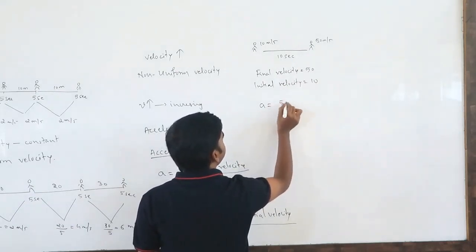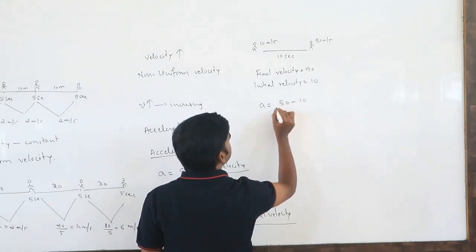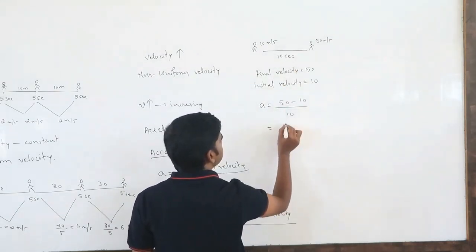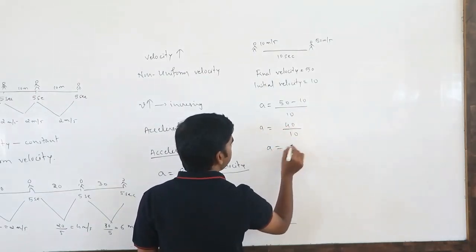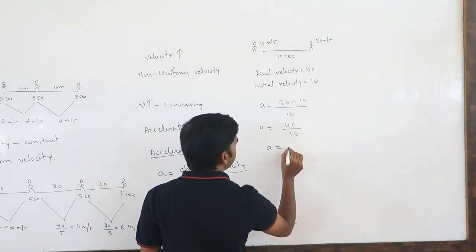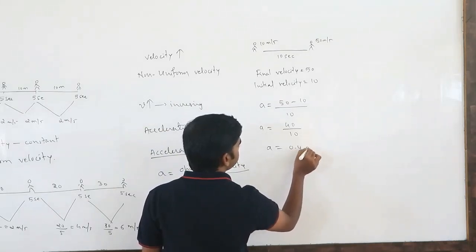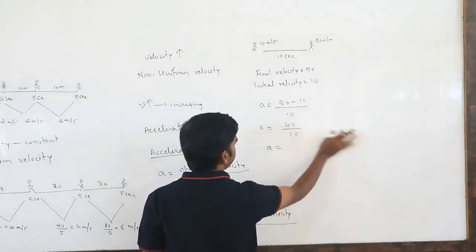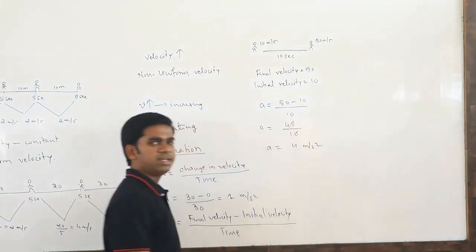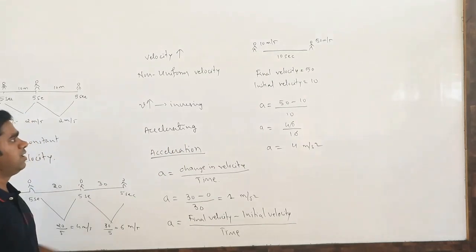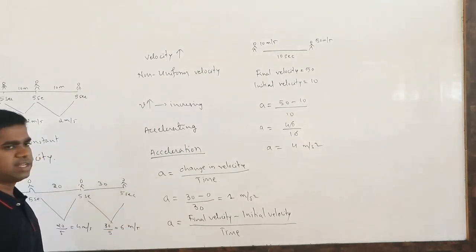Final velocity minus initial velocity divided by time. Time taken is what? 10 seconds. So 50 minus 10, 40 divided by 10. So acceleration is going to be 4 meter per second square. Okay, so this is how we can get the acceleration.